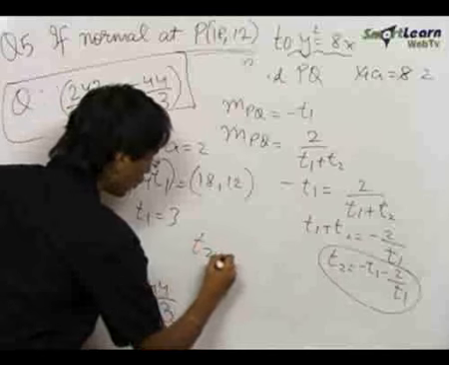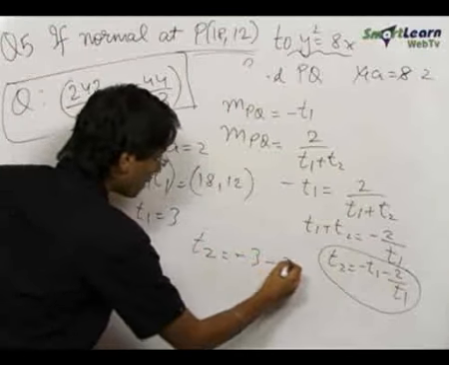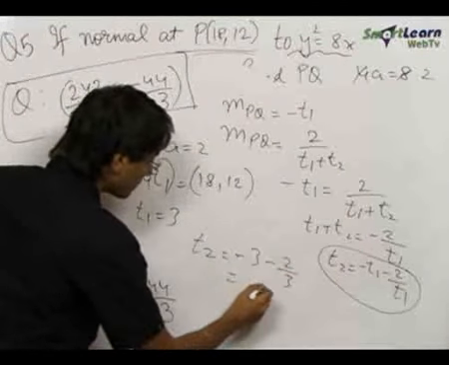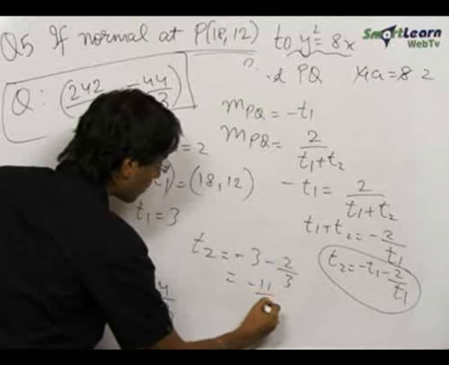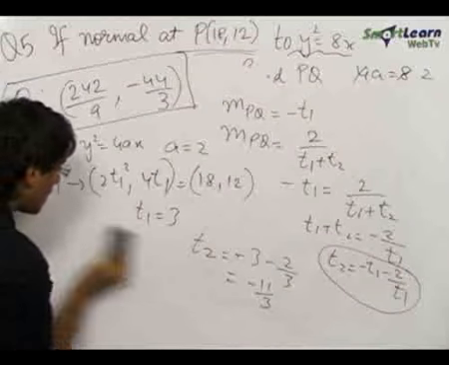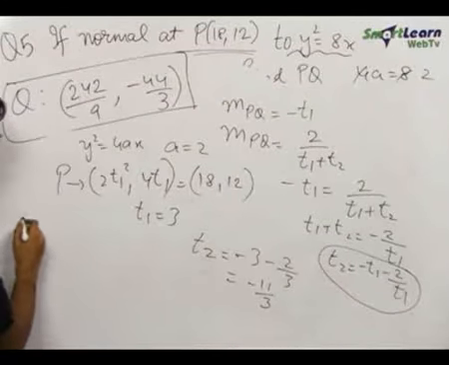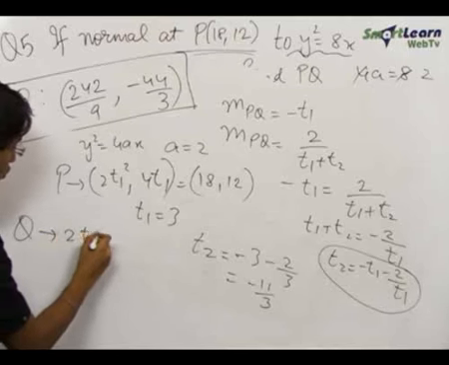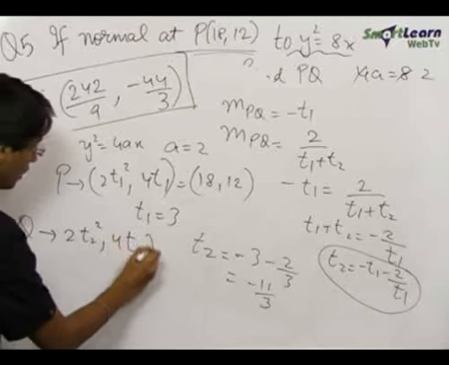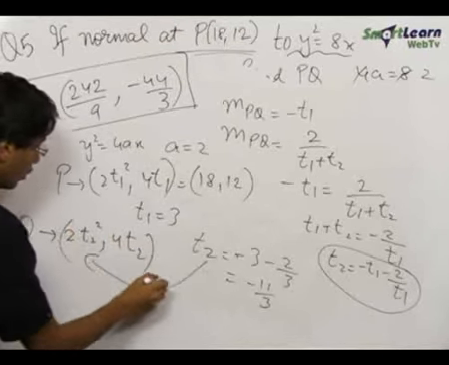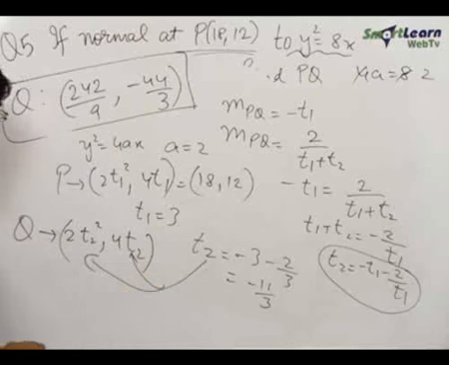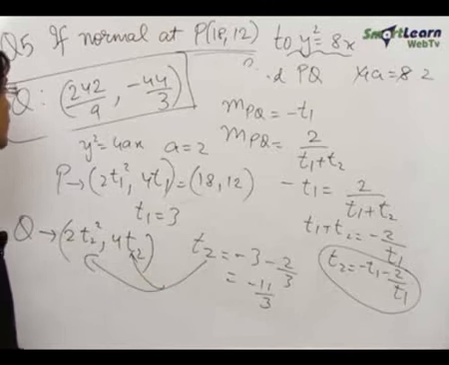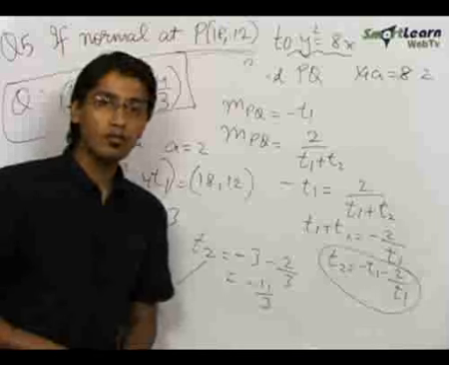Hence t2 can be found out as minus 3 minus 2 upon 3, which is minus 11 upon 3, and hence the point Q can be found out by (2t2 square, 4t2). The value of t2 can be substituted over here and here to get the coordinates of Q as (242 by 9, minus 44 by 3).